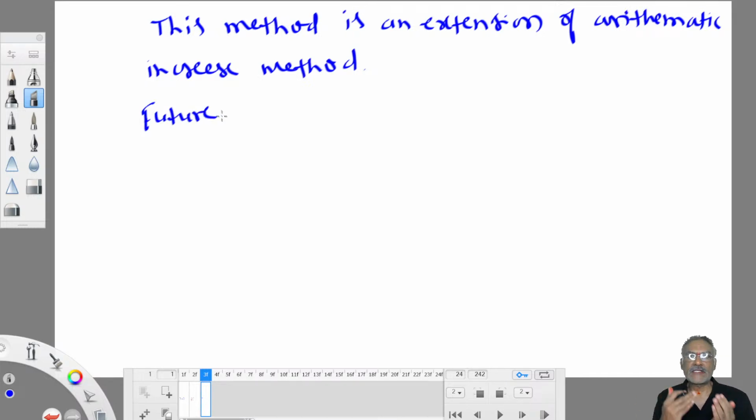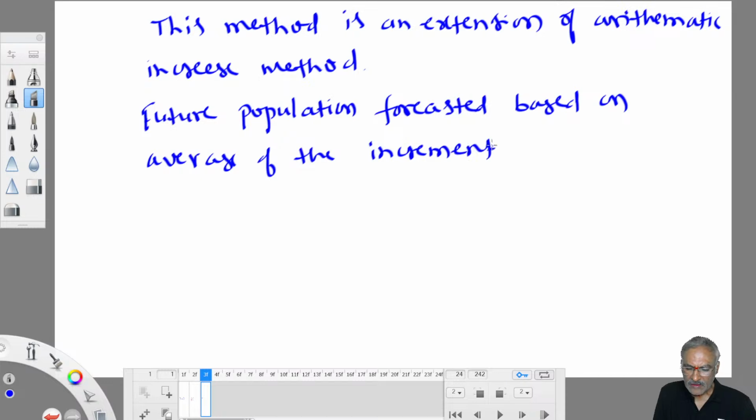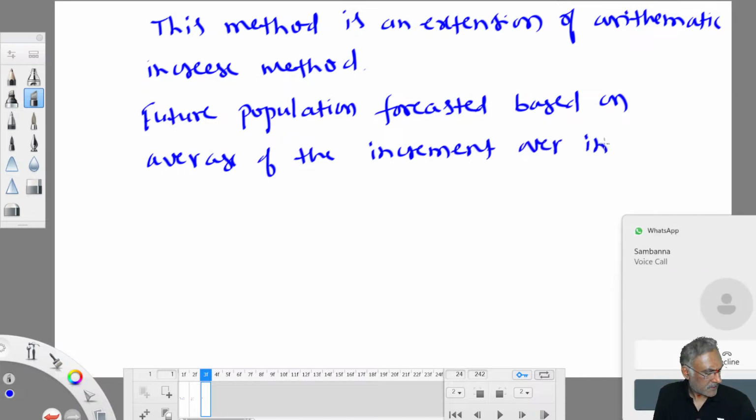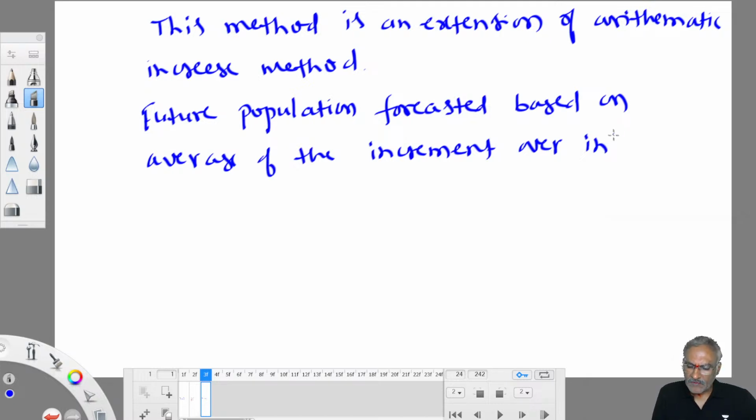Sometimes increment over increases are positive, sometimes they are negative also. So depending upon that we work out the future population forecasted based on the average of the increment over increases.